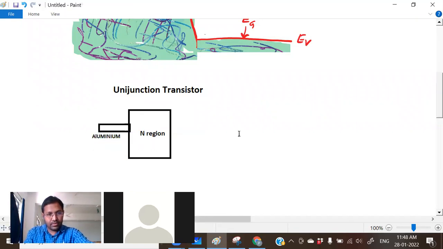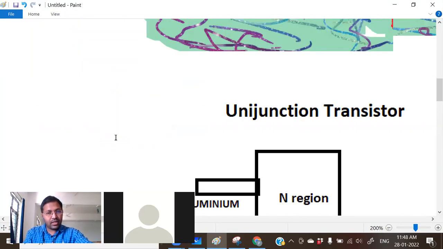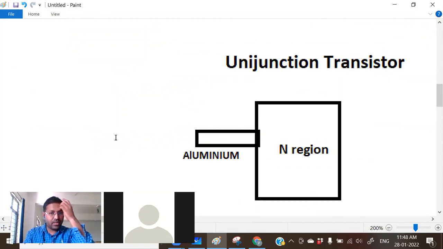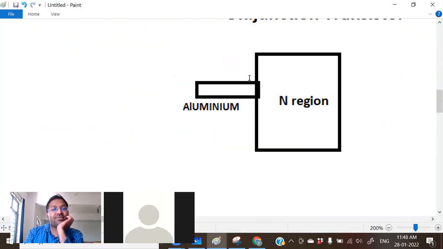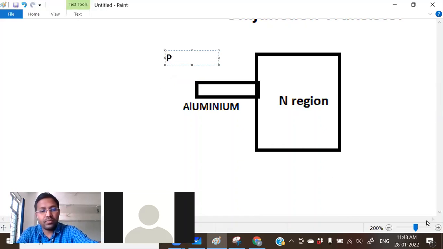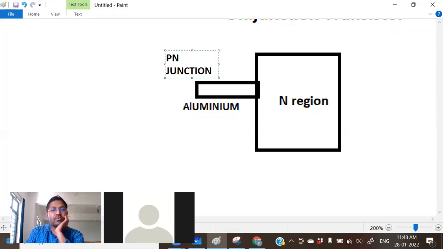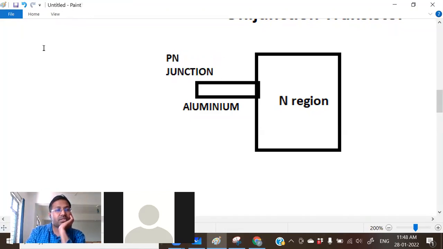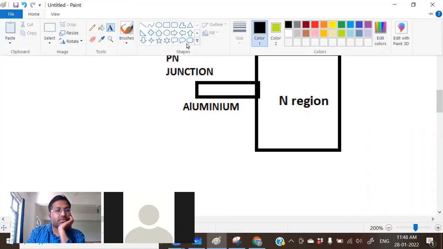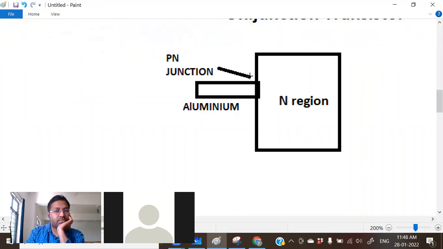Because aluminum is a p-type impurity, what is formed here? A PN junction is formed, right here.